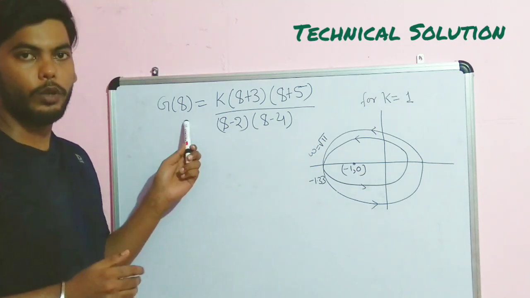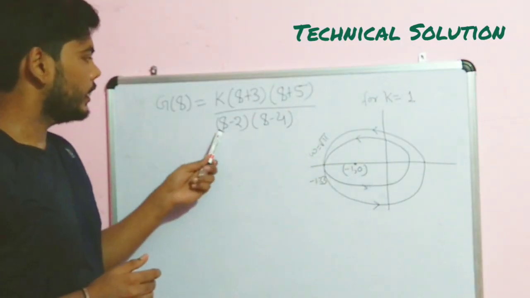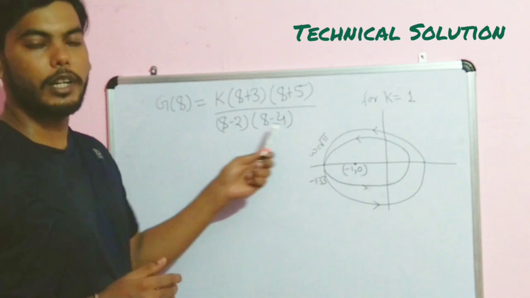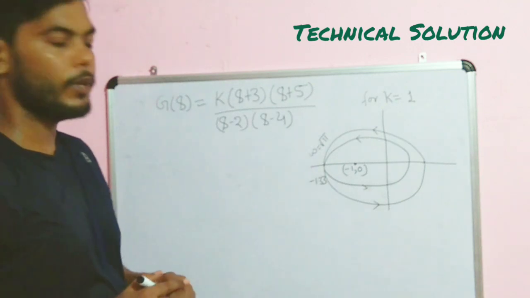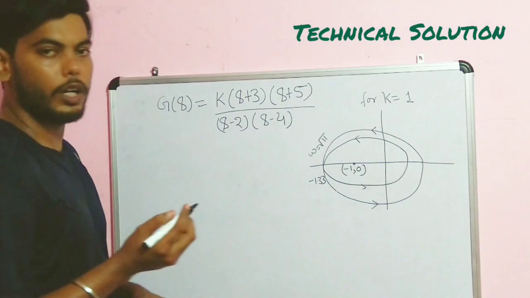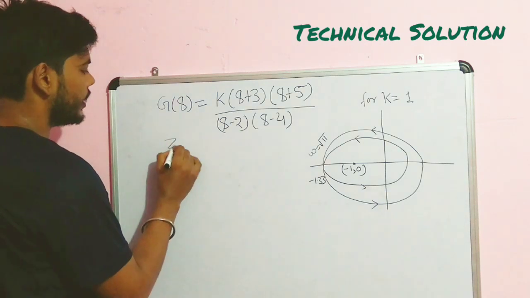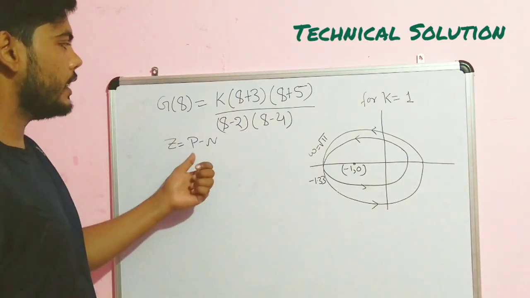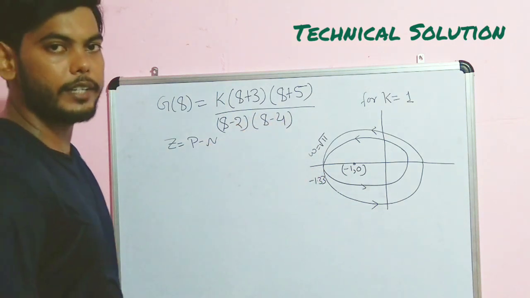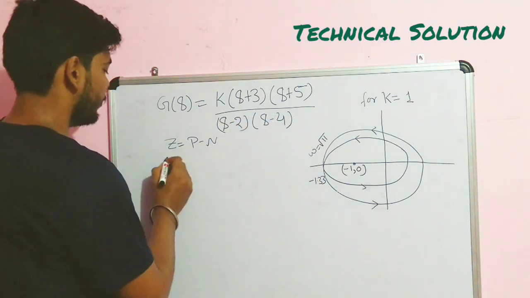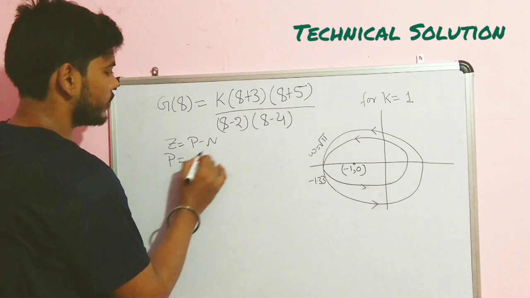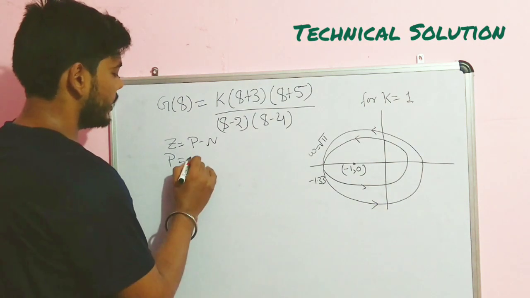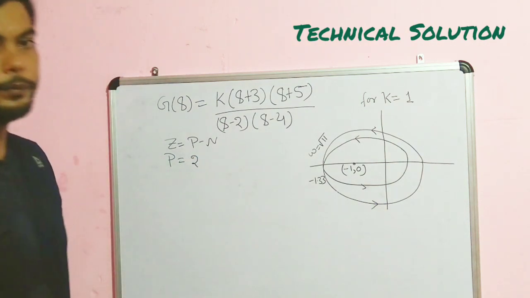From the open loop transfer function we see that two poles lie on the right side of the s plane. We have a formula for stability: Z is equal to P minus N, where P is the number of poles on the right side of the s plane, which is 2.